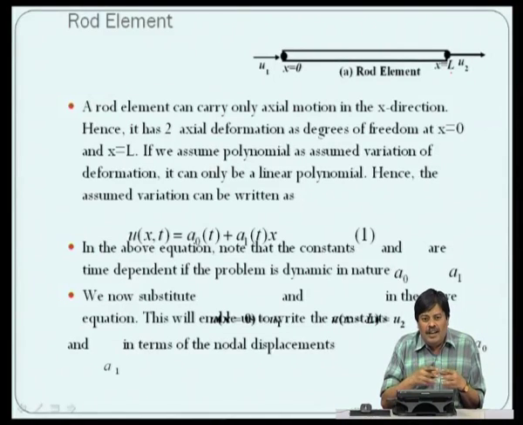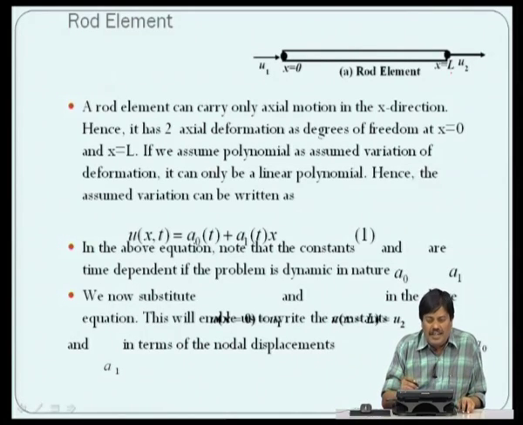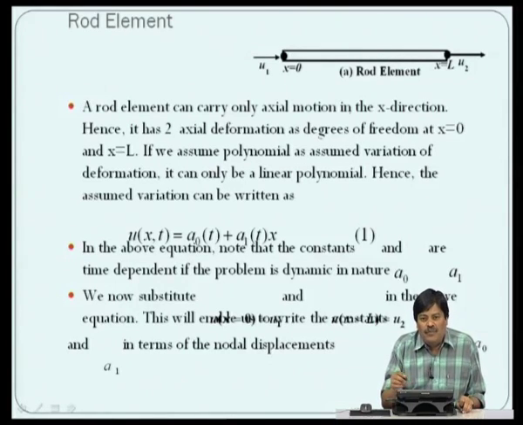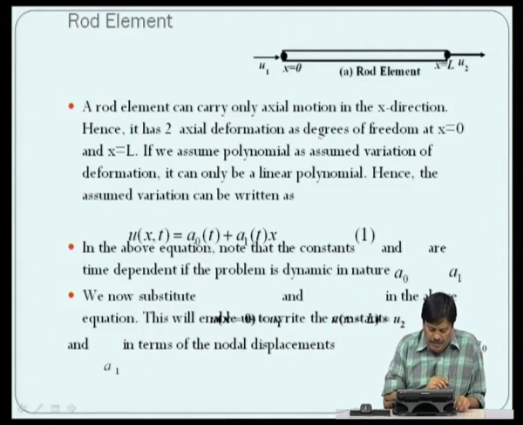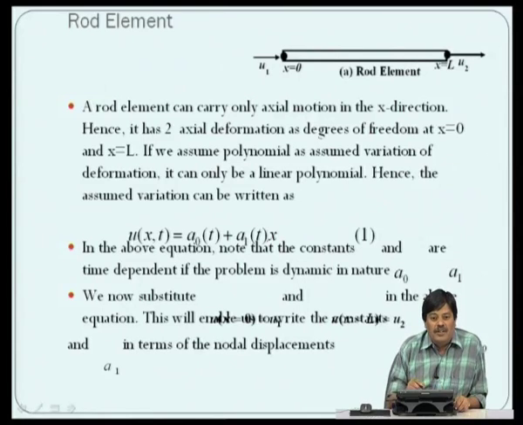Why? Because it can support only 2 motions, at x equal to 0 and x equal to L, that is u1 and u2. So, for these 2 unknowns, we need 2 constants. So, we take the equation u of x, t equal to a naught plus a1 t into x.